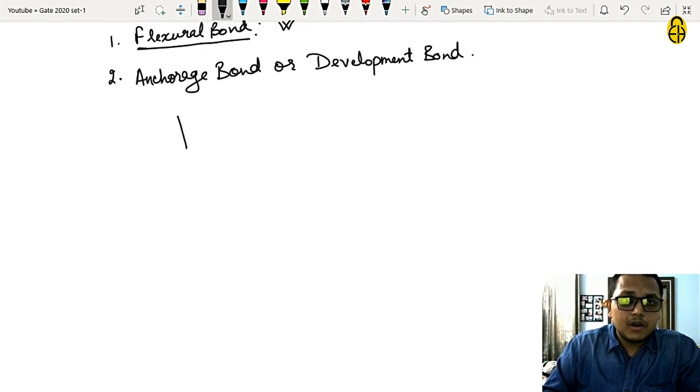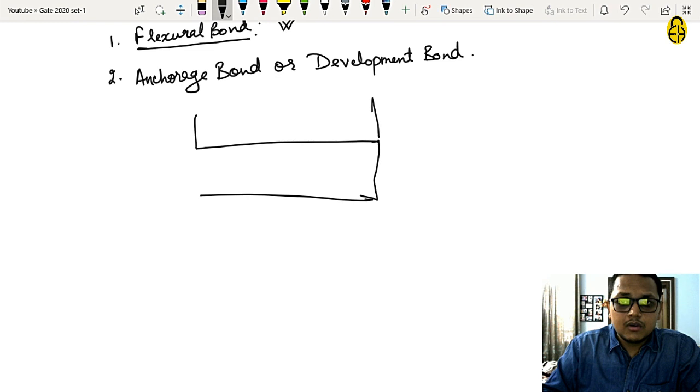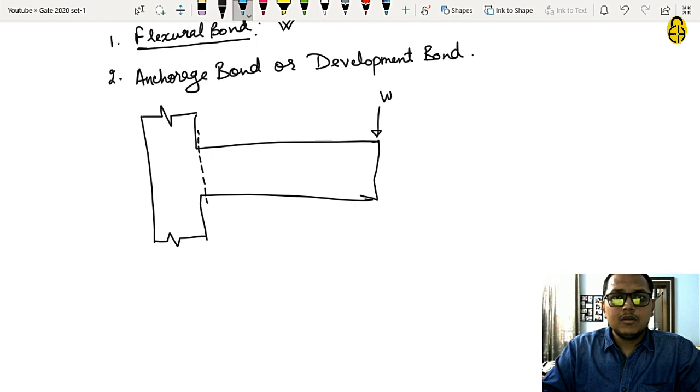Let us take an example of a cantilever beam. Now let this be our cantilever beam subjected to a load W at the free end. And this is the end section of the cantilever beam.